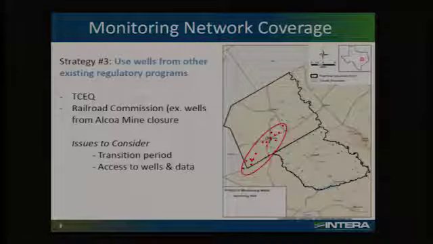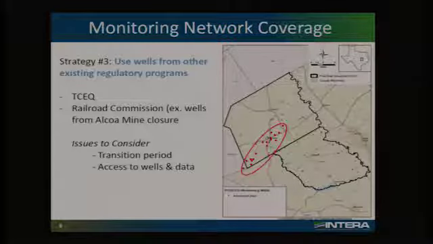Third strategy for improving your coverage would be to use wells from existing regulatory programs, for instance, the TCEQ or the Railroad Commission. For instance, in Post Oak Savannah, there was a big Alcoa mine that had regulatory wells from the Railroad Commission, and when that mine closed, they were able to move those monitoring wells and incorporate them into the Post Oak Savannah monitoring network, which was a great addition.